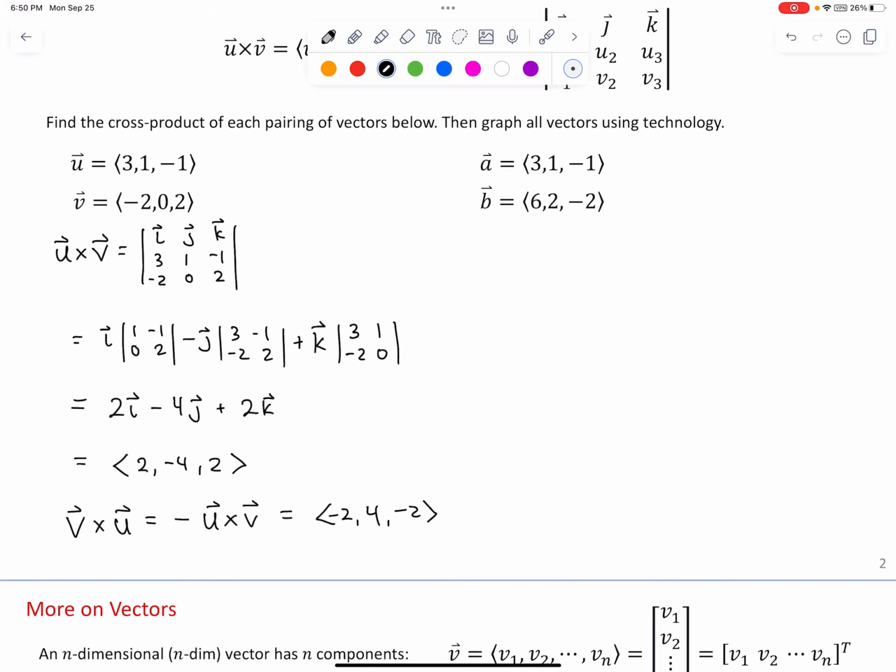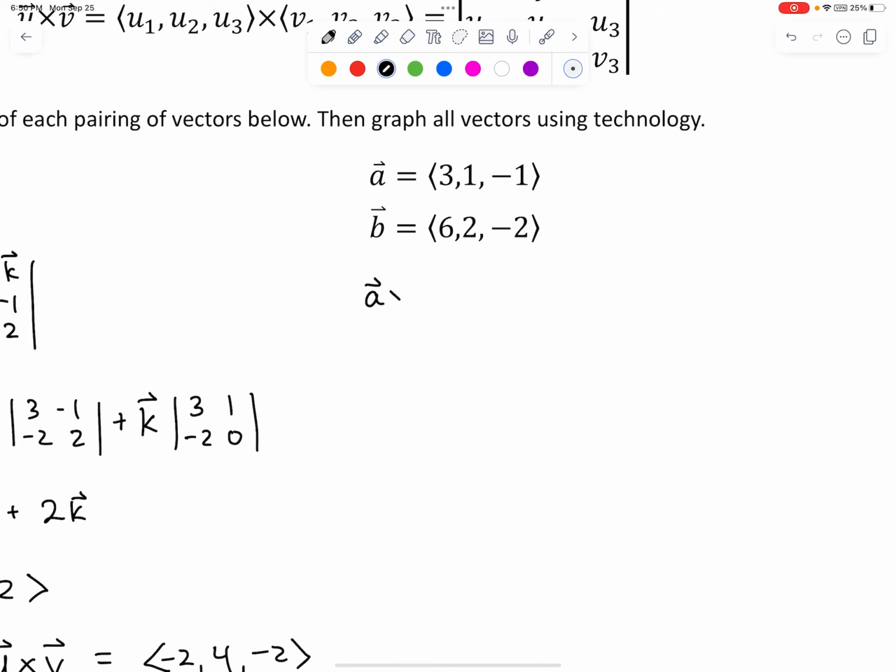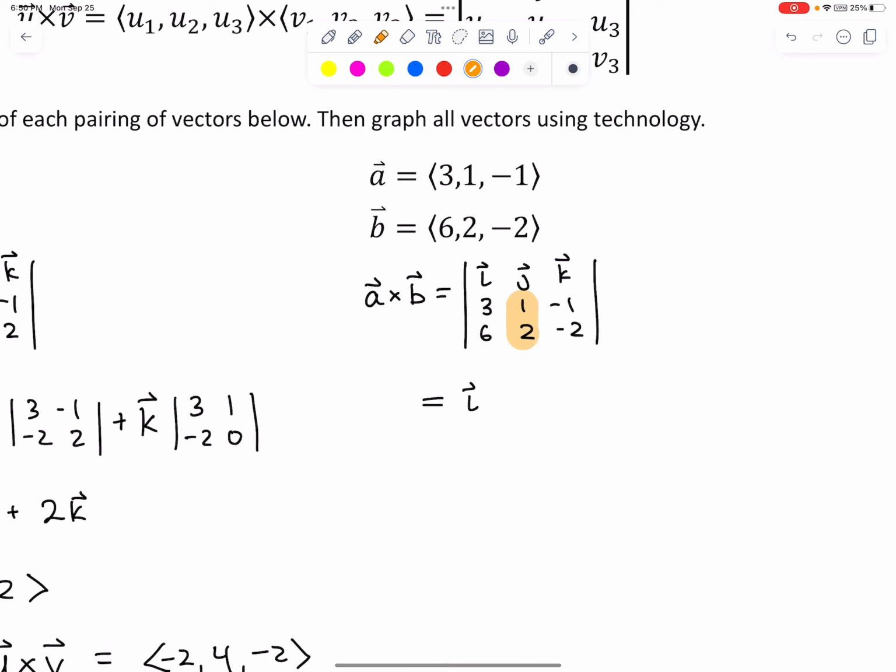Okay, now let's study the cross product of these two vectors, a and b. Let's go in this order, a cross b. First row is i, j, k. Then we put the components of a next, and then the components of b at the bottom. So we do vector i times the determinant of this 2 by 2, which will be negative 2 minus negative 2, which will be 0.